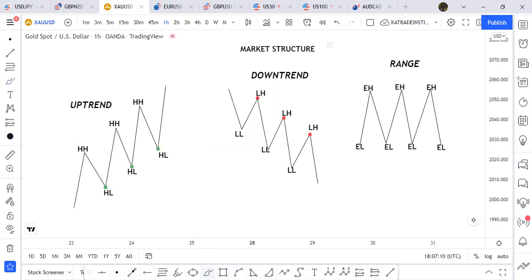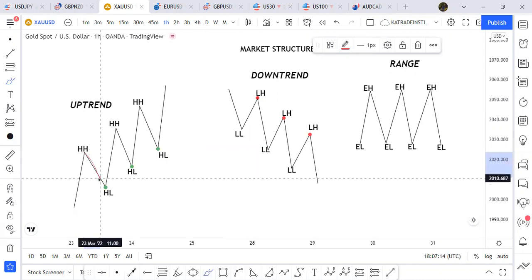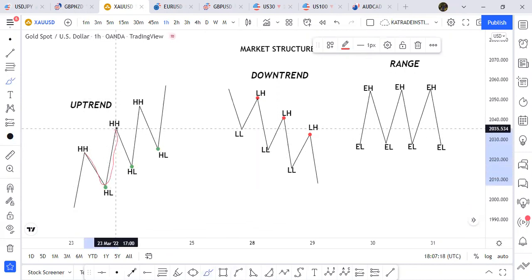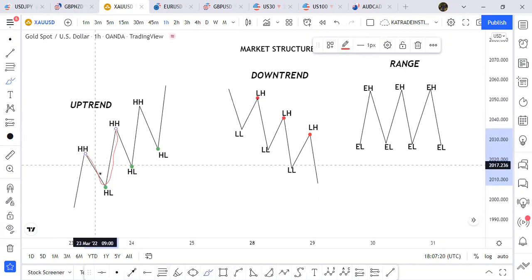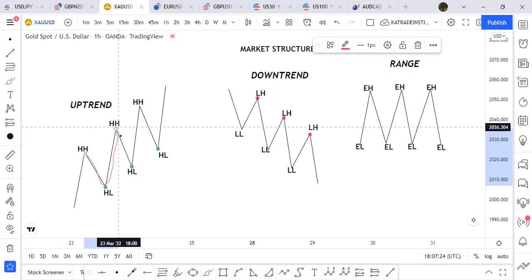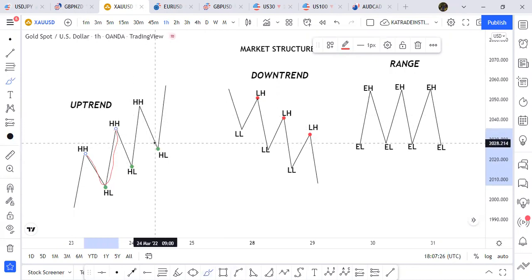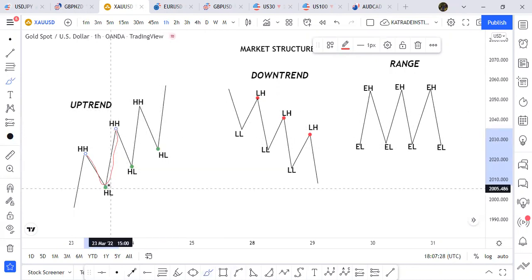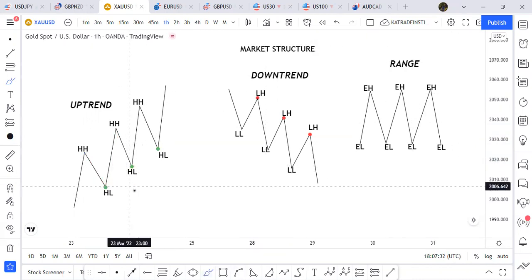You can clearly see that from this area here we have a move, and then this one is a collective. This is an impulse, then a collective, then an impulse, and then a collective. So these are the two types of movement. Hope you are getting me.